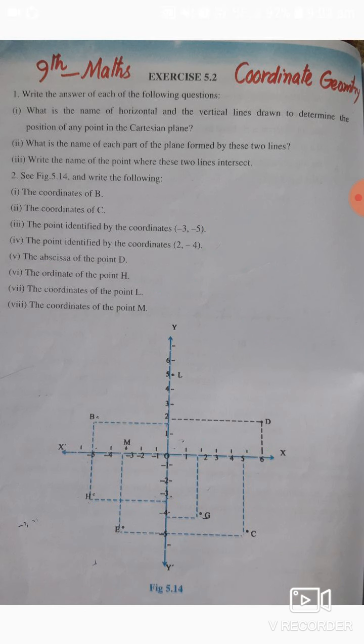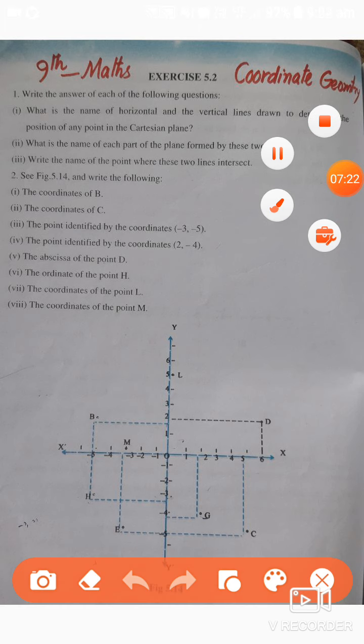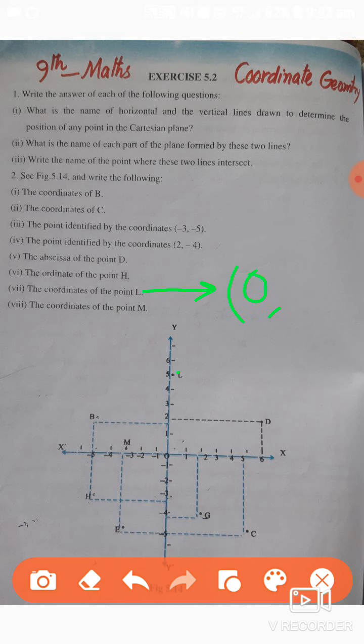Similarly, you can find the coordinates of point L. Where is point L? Point L is over here. It is a point on the y-axis, so its x coordinate is 0 and y coordinate is 5. So its coordinates are 0, 5.